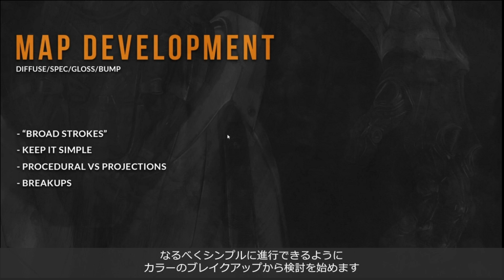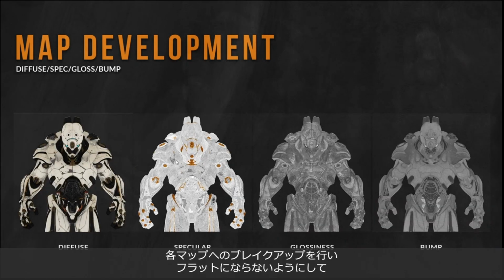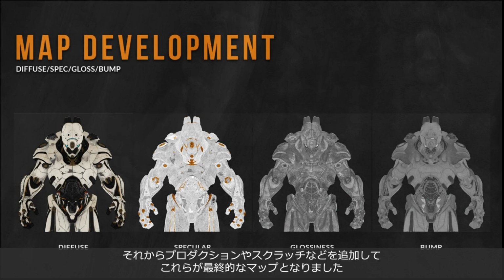I was thinking about color breakup, and adding breakup to every single map so it doesn't look flat, and adding some extra projections, like some extra scratches and things like that. So this is how they look in the end: diffuse, spec, glossiness, and bump.